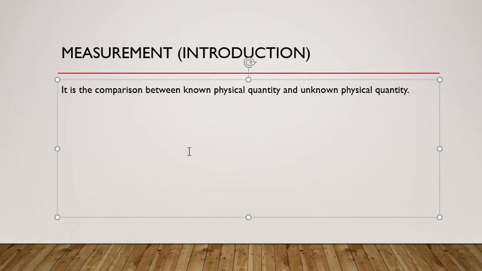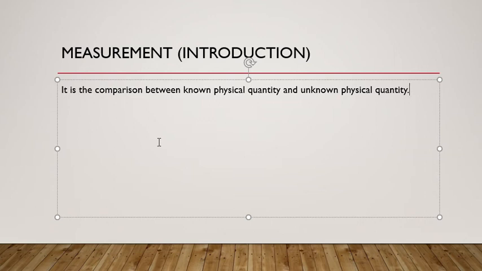So we are well aware of the word comparison. Comparison simply means analyzing two things. For example, we can say that one of my friends is small in comparison to the next one. So comparison means analyzing something by its appearance, physical looks.